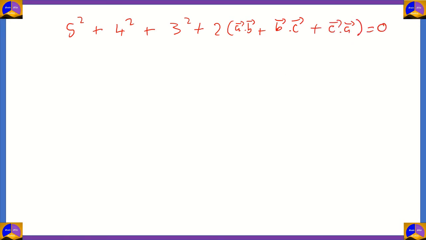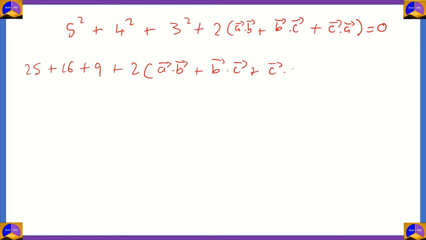The right hand side is equal to 0. 5 square is 25, 4 square is 16, 3 square is 9, and add that to our given sum of dot products, and you will still get the right hand side to be 0.